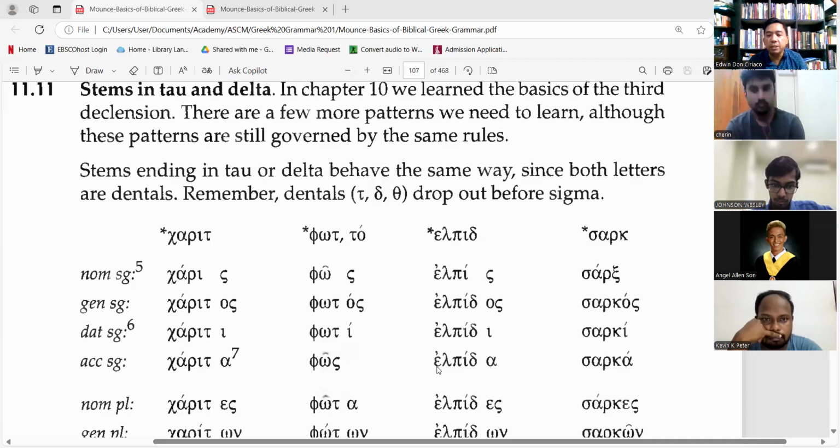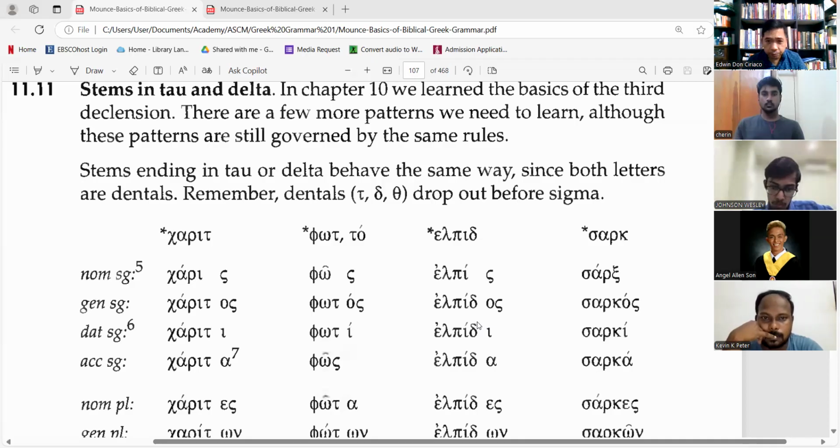Elpis refers to the sigma that was attached to nominatives. Nominatives often end in sigma. So when you encounter elpidos, do not be confused that you might be thinking that this is nominative.